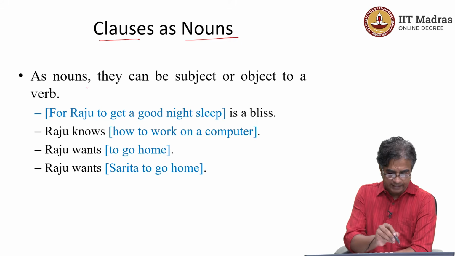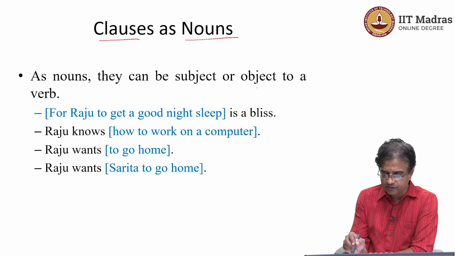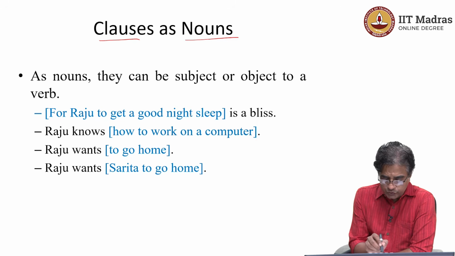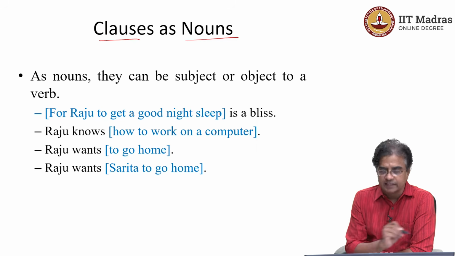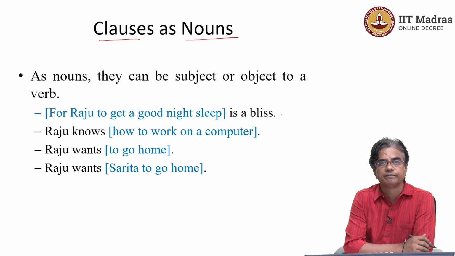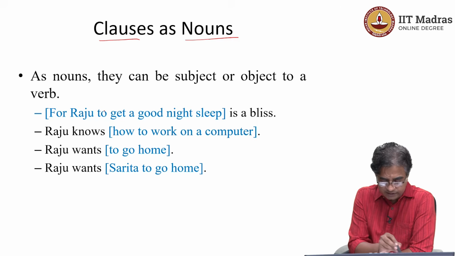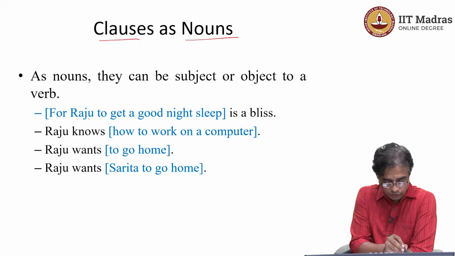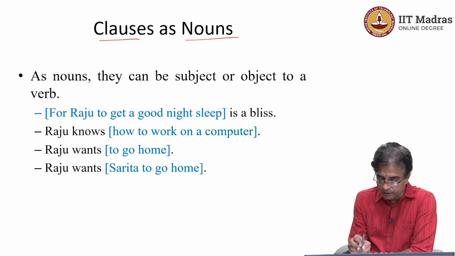So look at this. As nouns, they can be subject or object of a verb. For Raju to get a good night's sleep is a bliss. The entire thing that you see in the bracket here is a full clause. For Raju to get a good night's sleep is a bliss.